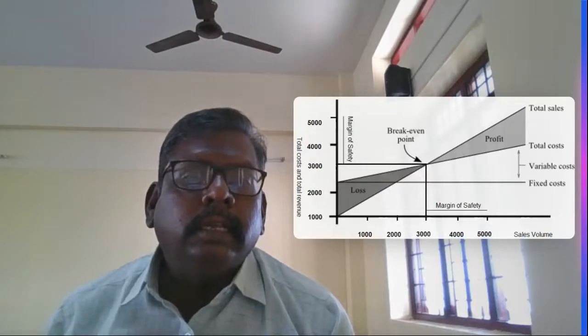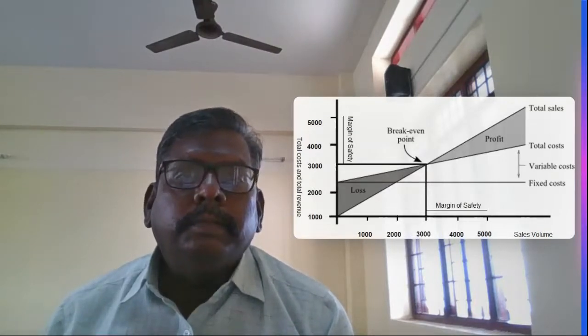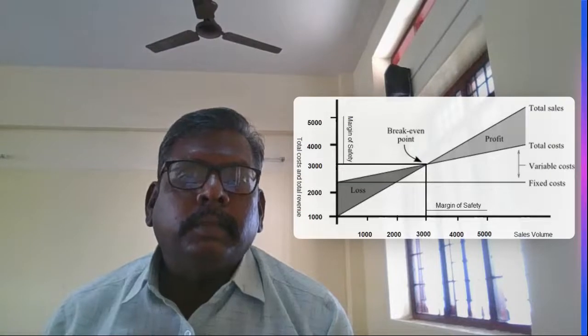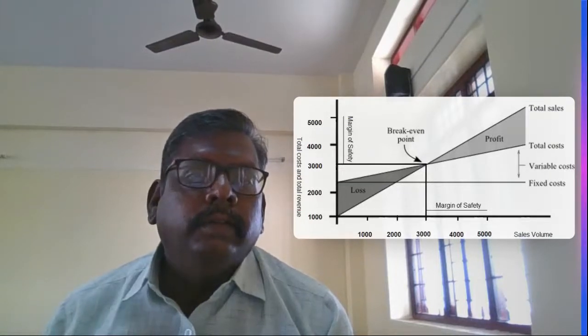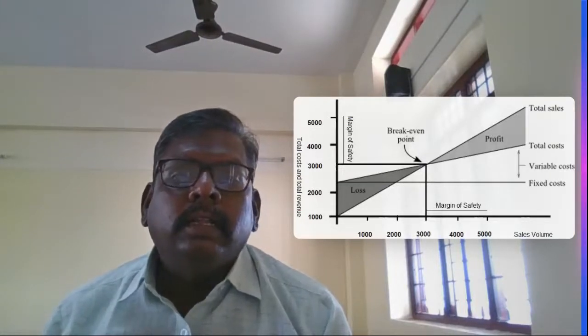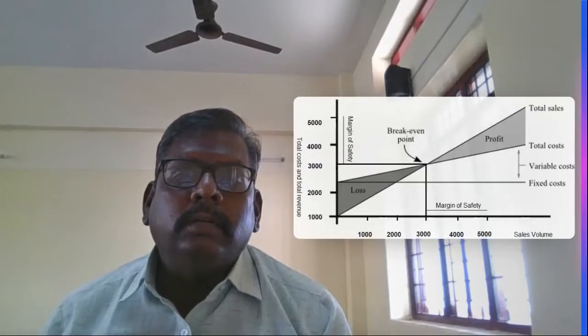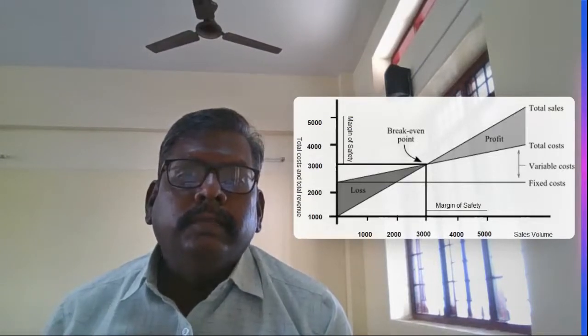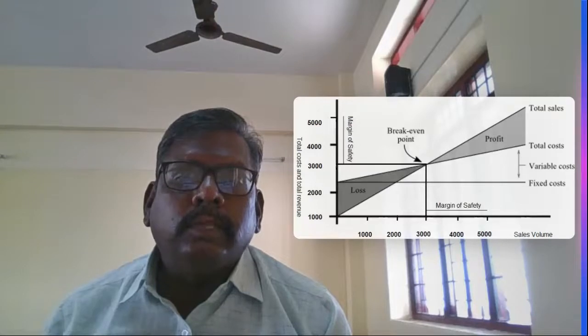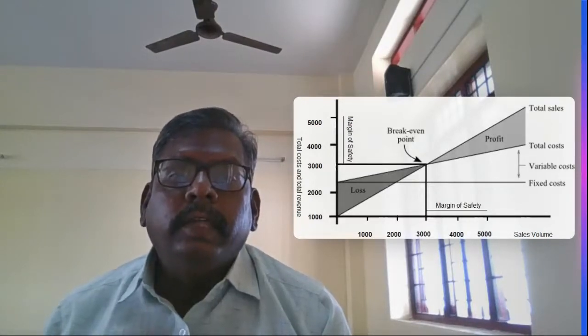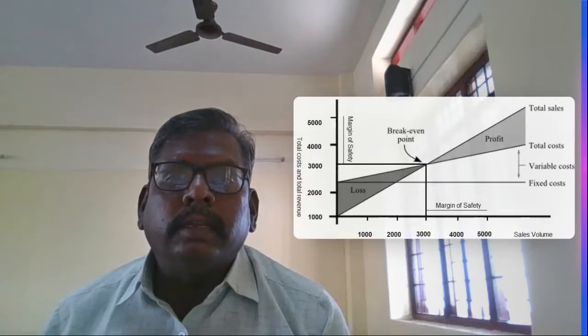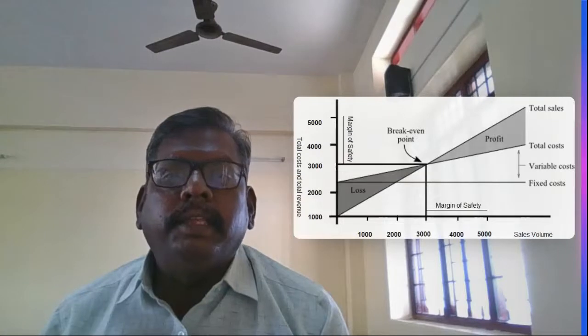Suppose this is a fixed cost, it's a fixed one. Then the variable cost, look at here. If you are producing 1000 units, then the variable cost comes here. That means the total cost plus it is varying.